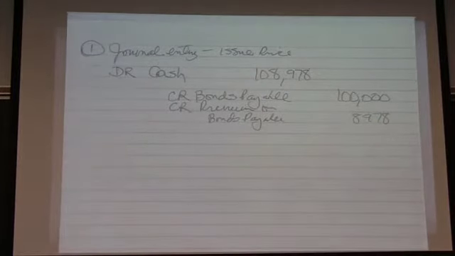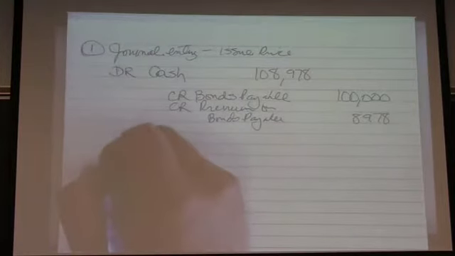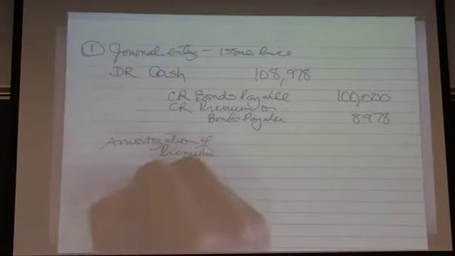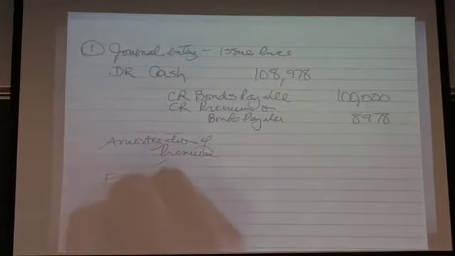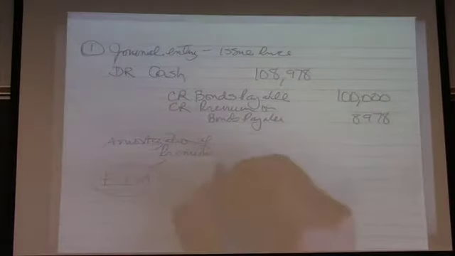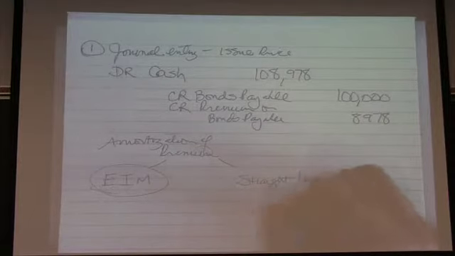Now, the method of amortization, there are basically 2 methods. The first method is called the effective interest rate method. And the second method is called straight line, SL.